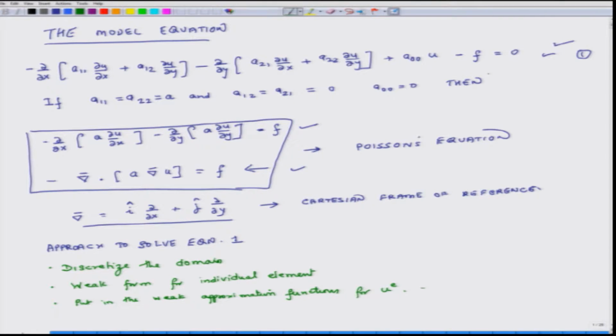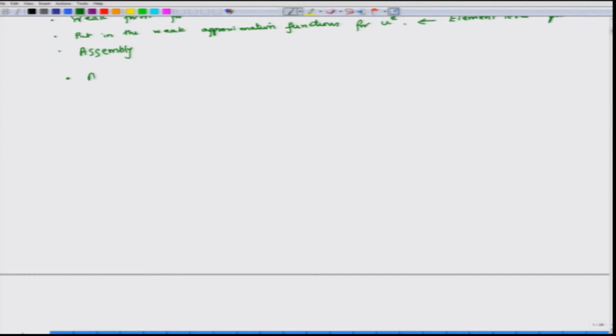At this stage we get element level equations. And then the next step is that we perform assembly of equations. Once we have done the assembly, we apply boundary conditions and then we solve the problem.